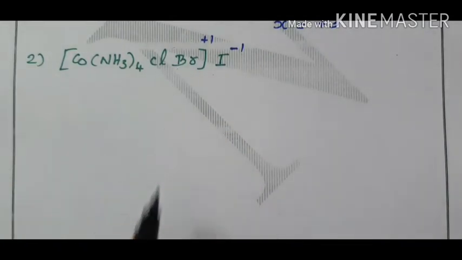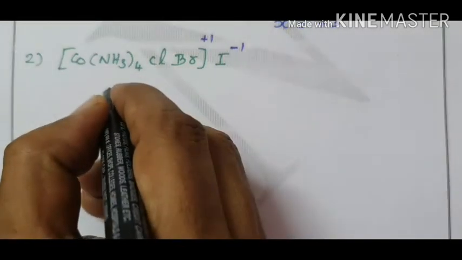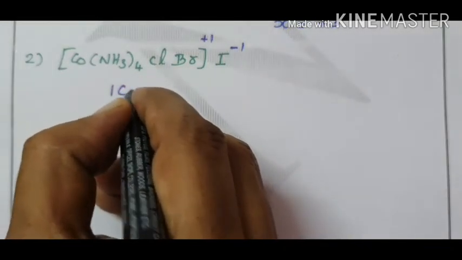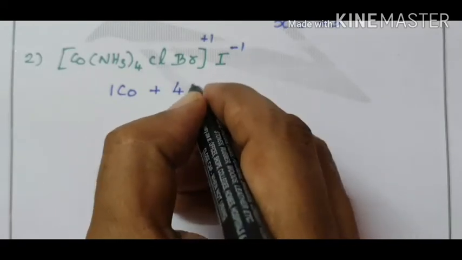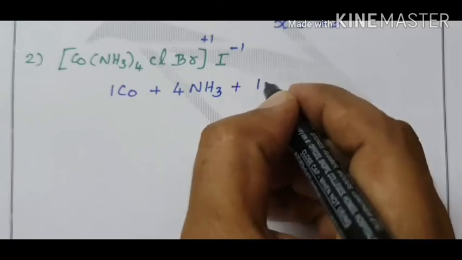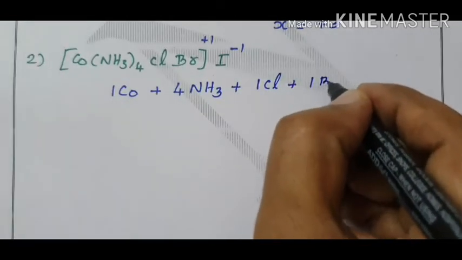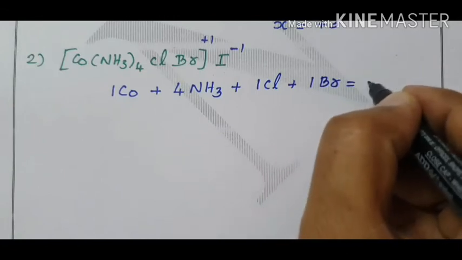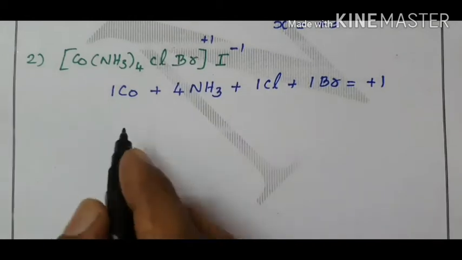Separate the central metal ion and the ligands with a positive sign. 1 cobalt plus how many amine? 4 NH3 plus 1 chlorine plus 1 bromine equal to +1.